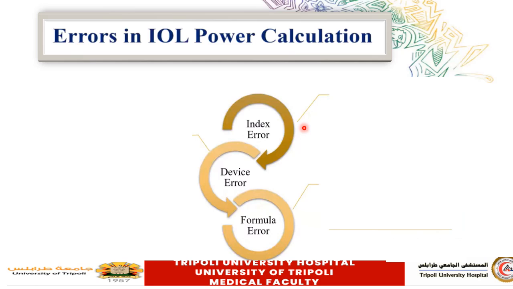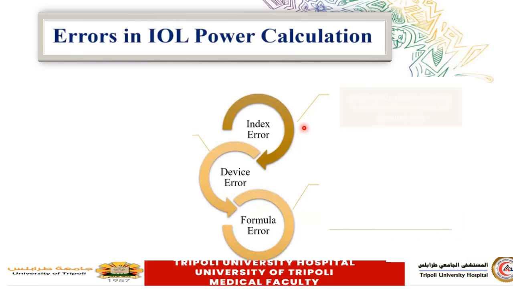The presumed refractive index of the cornea, which is 1.3375, was based on the Gullstrand principle and the reduced eye model, where there is a normal relation between the curvature of the anterior and posterior surface of the cornea. However, in post-LASIK and radial keratotomy this relation is disturbed, so we cannot depend on this presumed index. We have to use the real refractive index of the cornea, which is 1.376. If you don't take care of this, it is a major source of error.